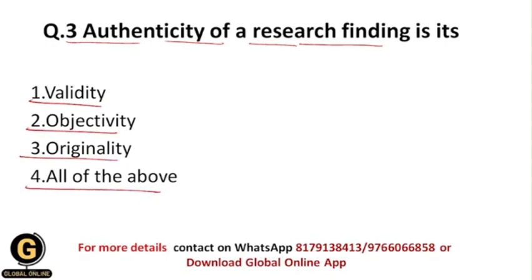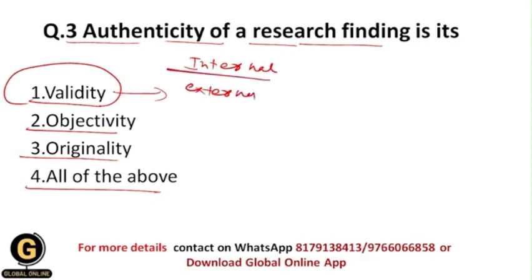So this question is somewhat tricky, students. So let us see how. Basically students, validity means to what extent your results are so true that you can generalize your results to other situations. Validity comes in two concepts, internal validity and external validity. Within internal validity, we define it as how valid the data that we use in our research is, or how that data extends to making our research results valid.